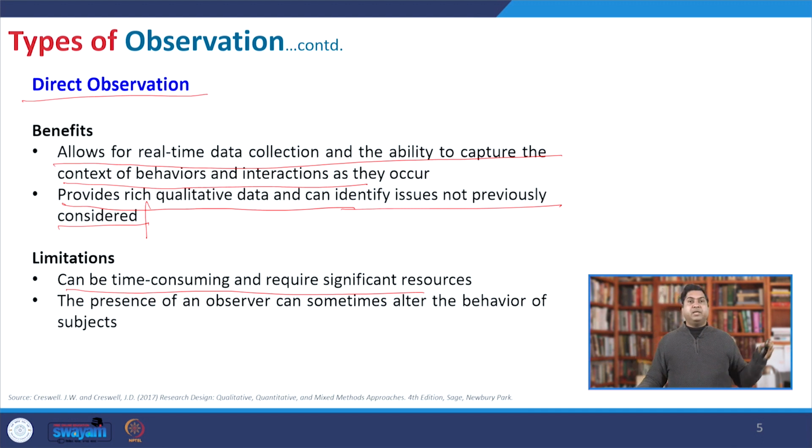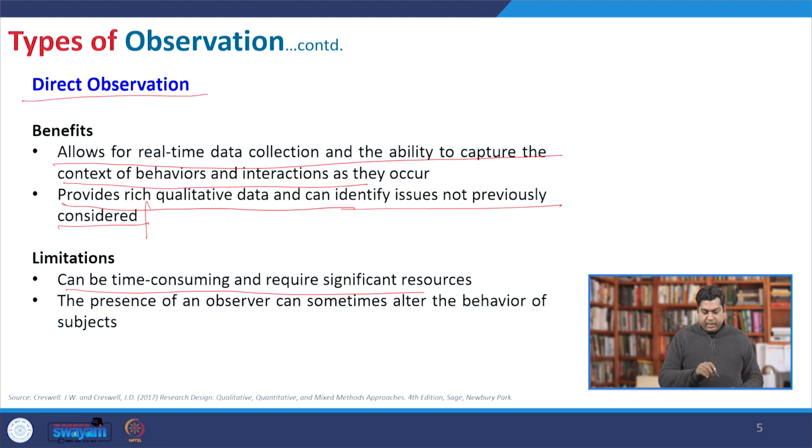Whereas, if you have a camera installed there, capturing without making any intervention with the flow, then that can give naturalistic behavior. But there are also challenges, because whenever people know that they are under surveillance, they probably act differently. So obviously we have to be careful about using those tools and devices for the observation survey.